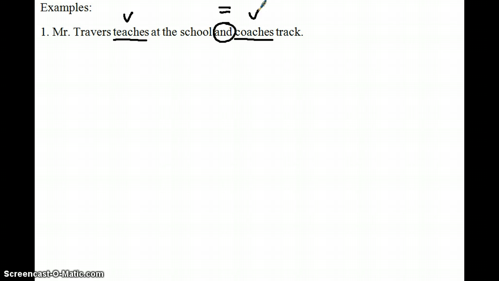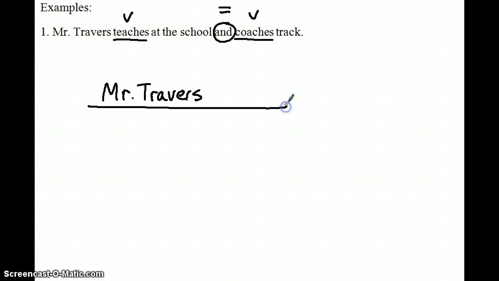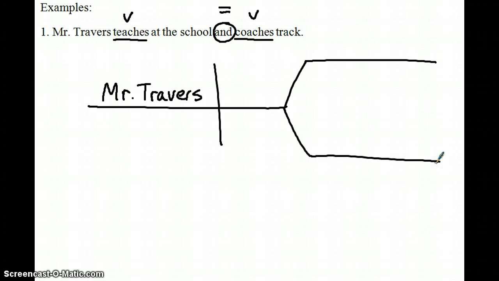So if you remember back from our first example, we're going to split the diagram when we get to the predicate, to the verb. So we diagram Mr. Travers as a proper noun. First, he's our subject. And now we're going to split it, because he's doing two things.